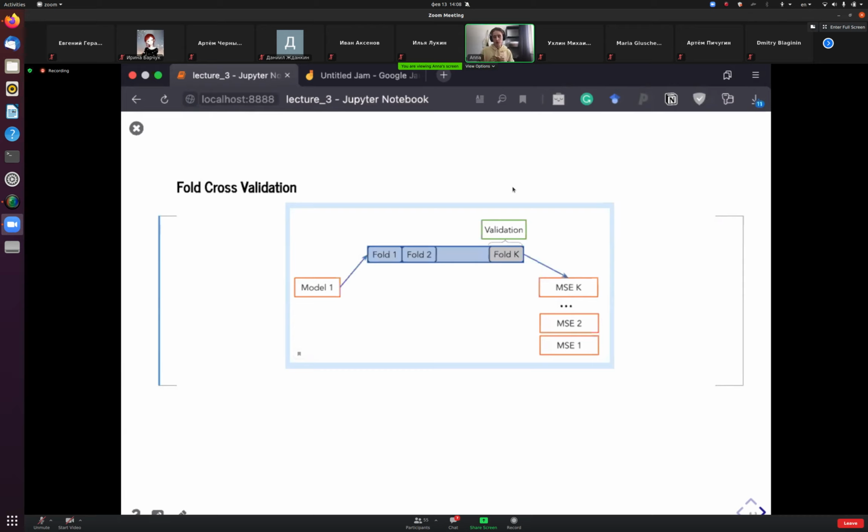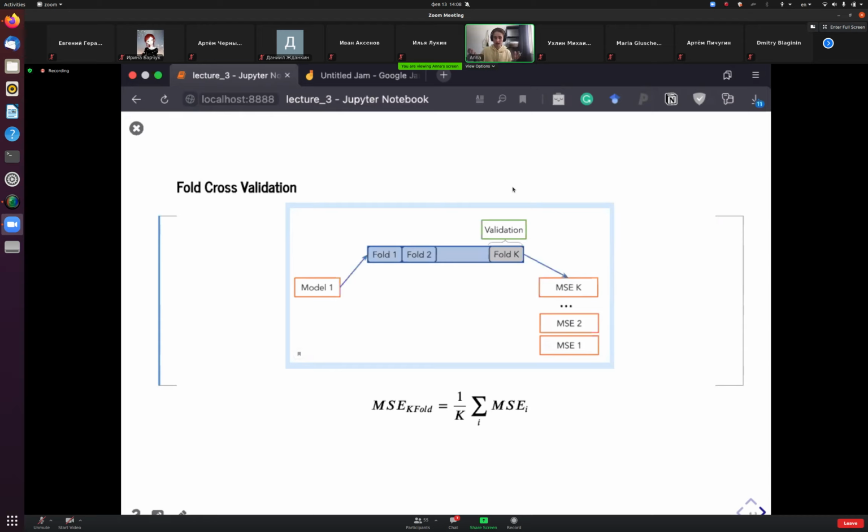In order to compare different models to each other, we will basically average MSE over all the folds. If we're talking about linear regression with MSE loss, we will call this mean squared error loss on K-fold cross-validation. And it will be the number that indicates how model 1 performs on cross-validation.